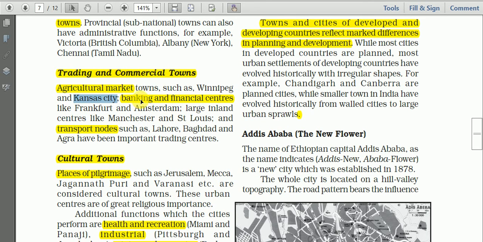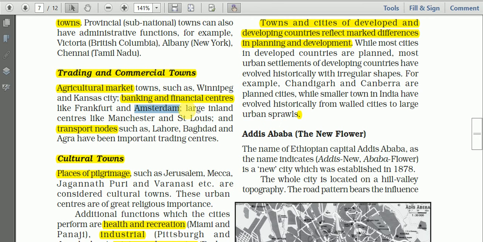Then banking and financial towns. For example, we have Frankfurt, which is in Hesse state in Germany. Then we have Amsterdam as an example of a banking and financial center. Amsterdam is the capital of the Netherlands.